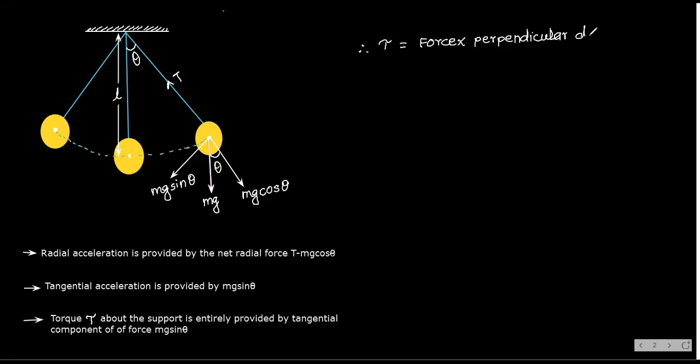Now here we have the component mg sine theta, which is responsible for producing torque, and this is L. But I am keeping a minus sign. Why am I keeping a minus sign? Because this is restoring torque and it always tends to reduce angular displacement. Hence, it is a negative sign.